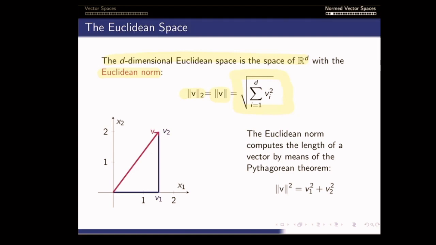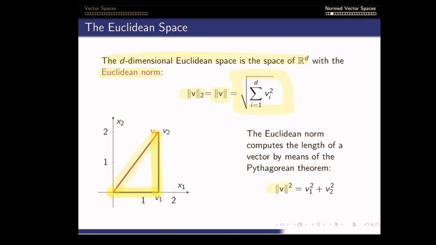The visualization is like this. So we have here vector v, and the first coordinate is v1, and the second one is v2. And then we square the length of the coordinate v1, and we square v2, and we add this. And then we get the length of this vector v, which is the Euclidean norm.